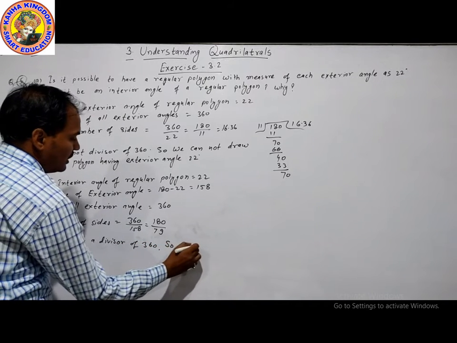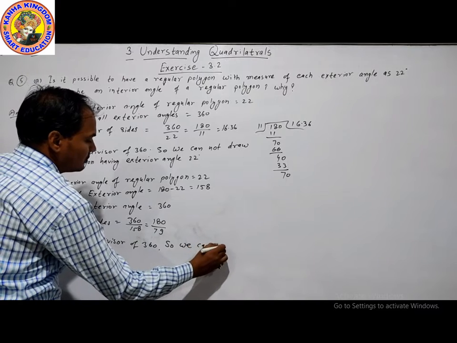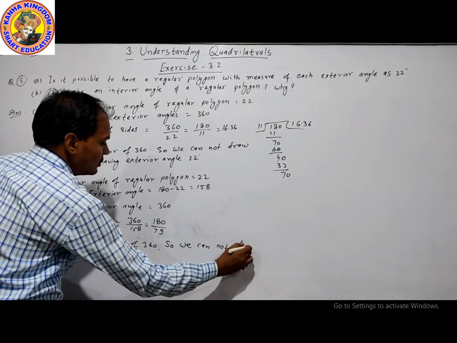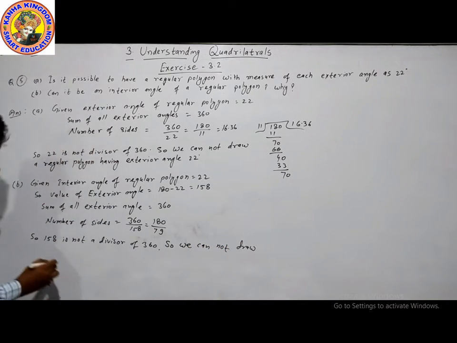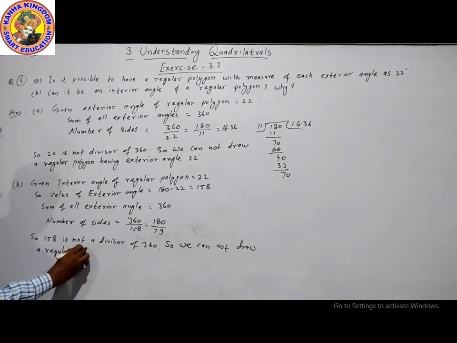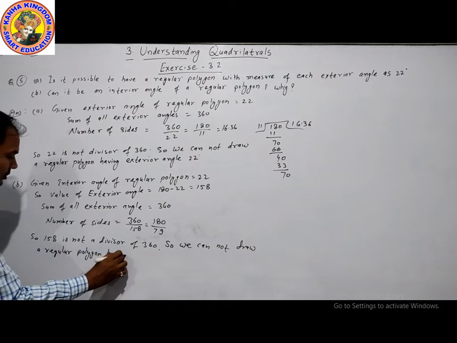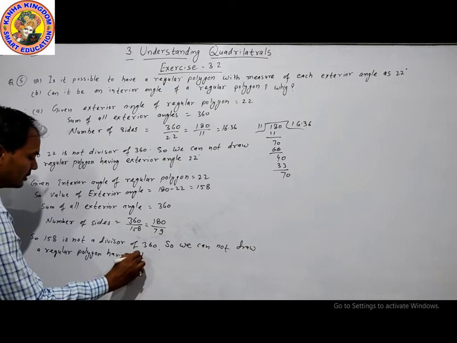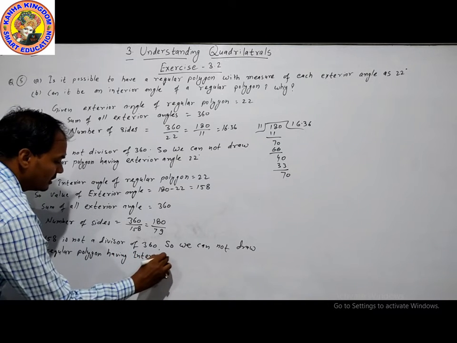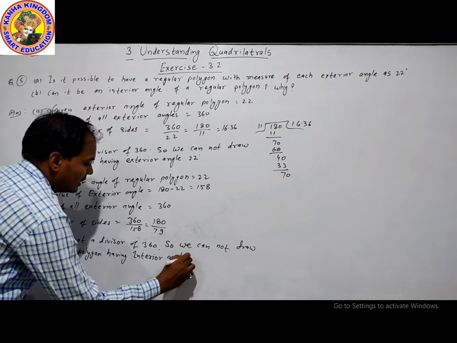So we cannot draw a regular polygon having interior angle 22.